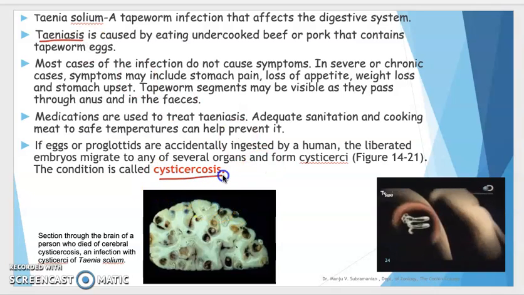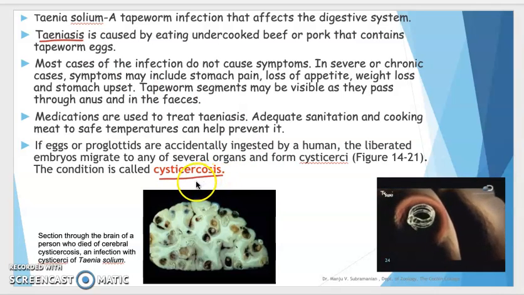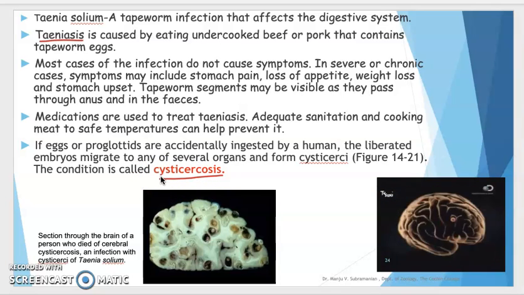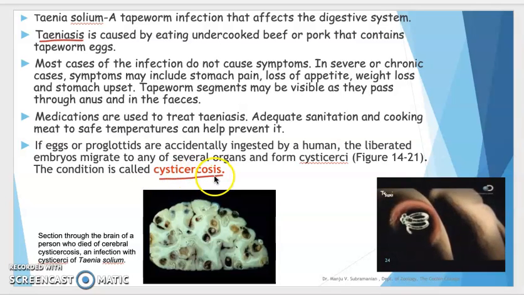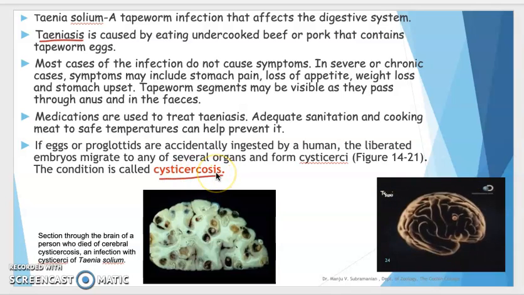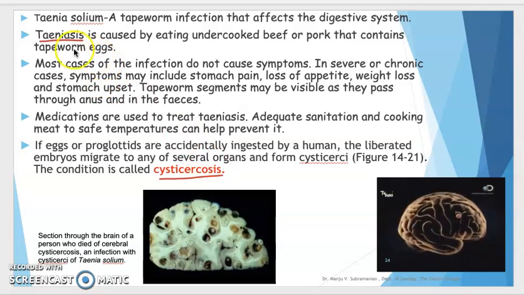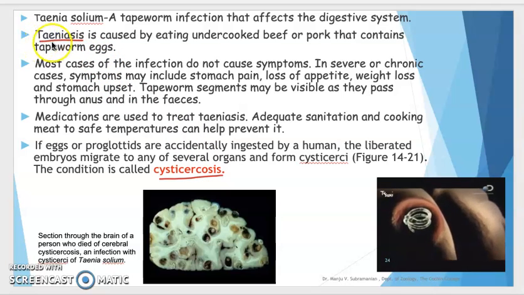If the human body is heavily infested with the cysticercus, that condition is called cysticercosis, and if a human is heavily infested with the adult tapeworm, it is called Taeniasis.